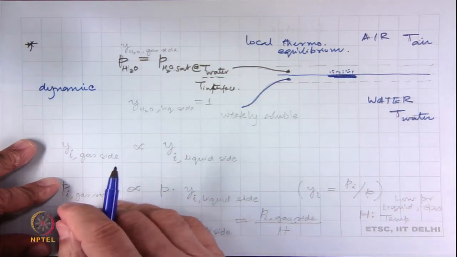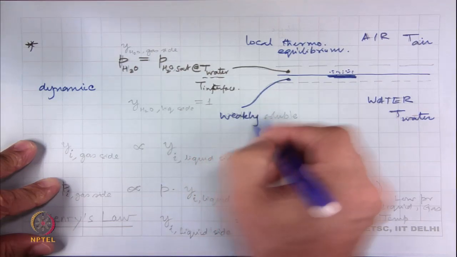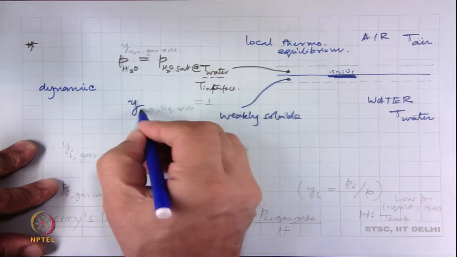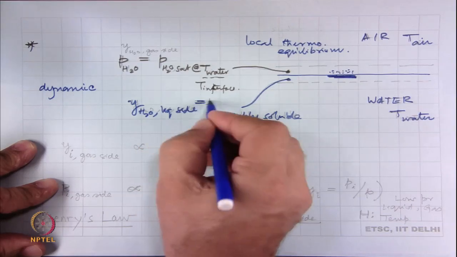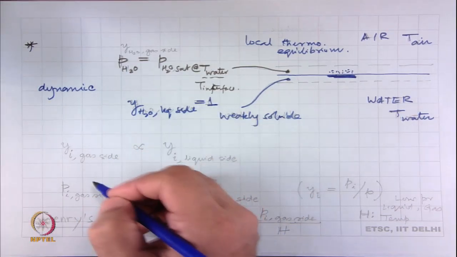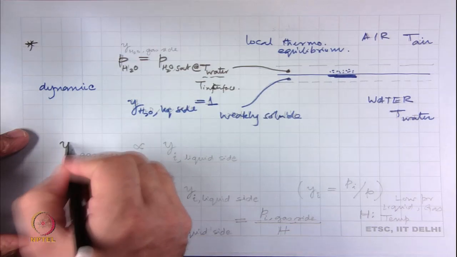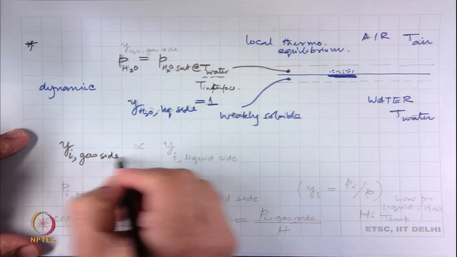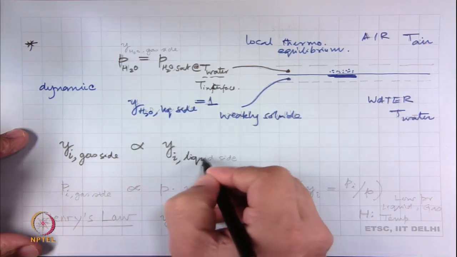on the water side? We know from experience that air is weakly soluble in water, and so Y H2O on the liquid side will be practically 1. The mole fraction of air in water is going to be extremely small. So, one of the key ideas here is that Y on the gas side is proportional to Y on the liquid side.